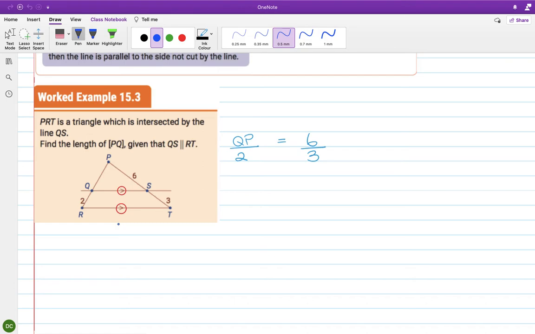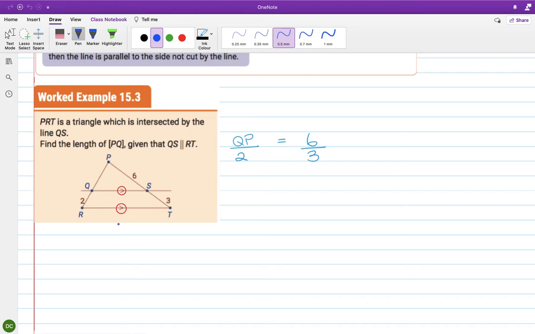Now, there's a couple of ways of doing this. You might just look. So if you want to go from 3 to 6, that's double. So the top part of the triangle is double the bottom. So you can apply that and figure out QP. I think a more consistent way of doing it, and the way I'd like to do it, is using cross multiplication.